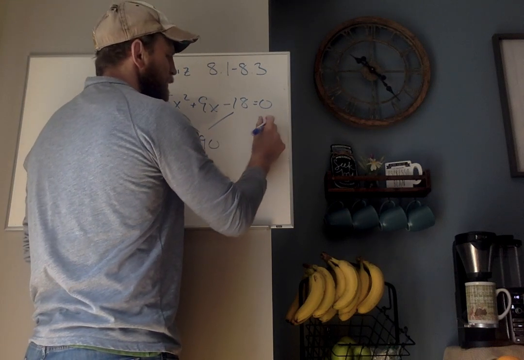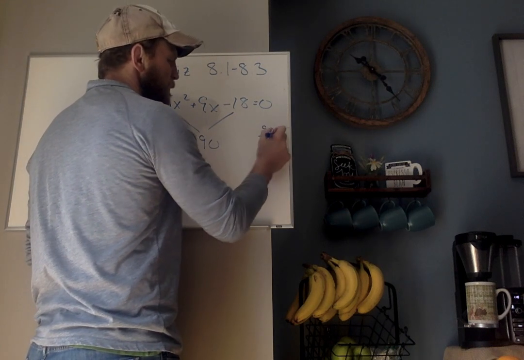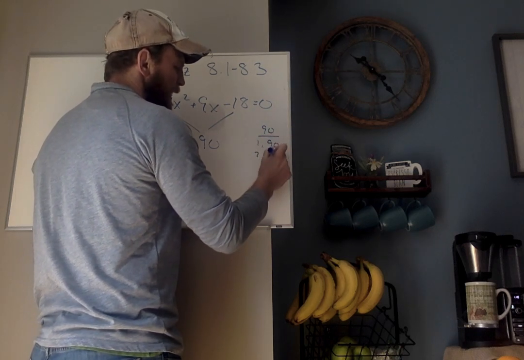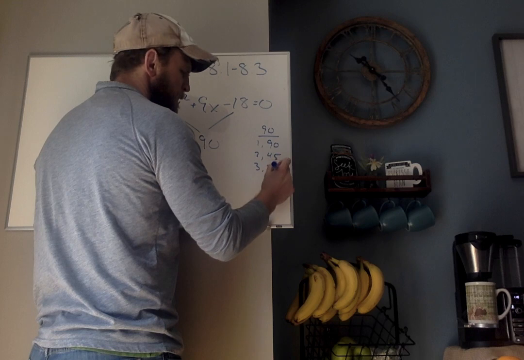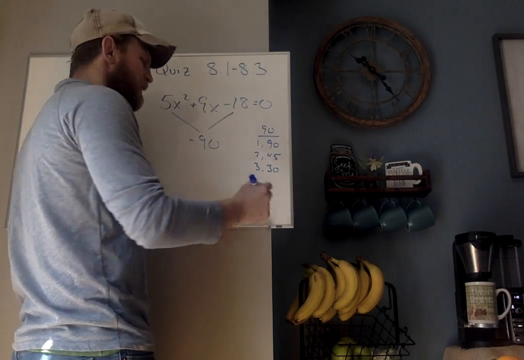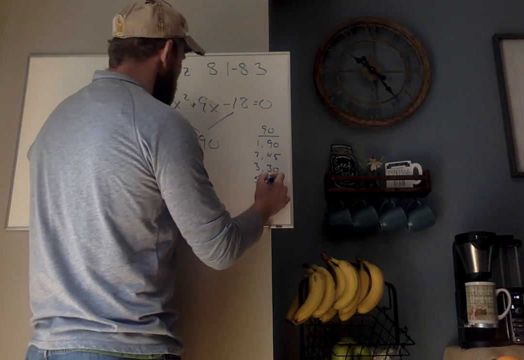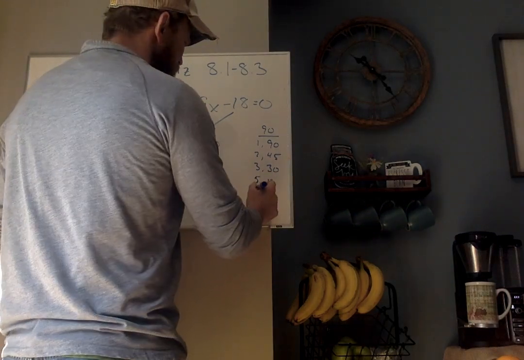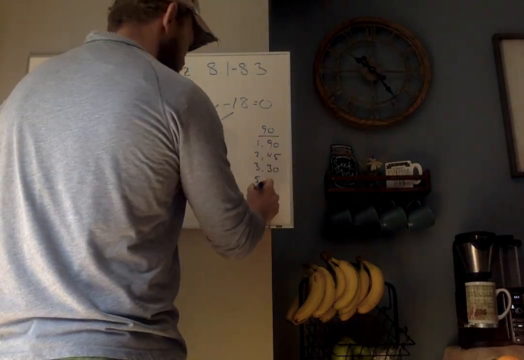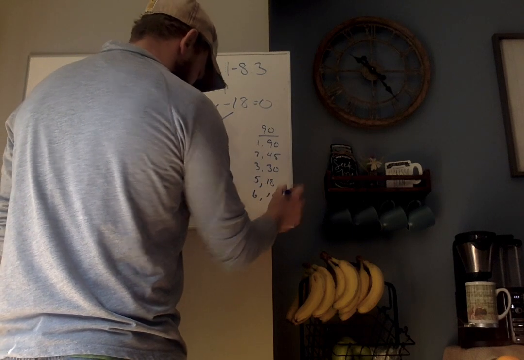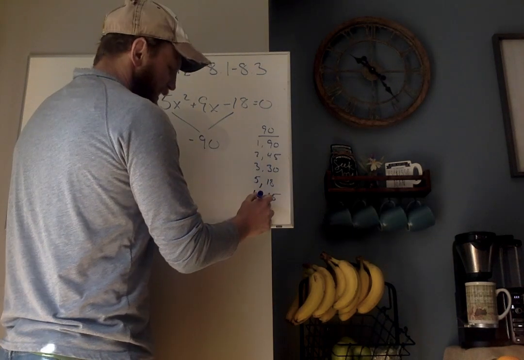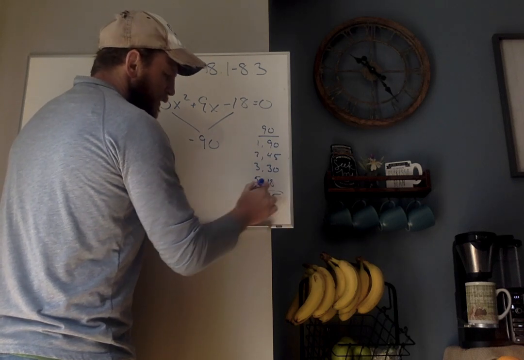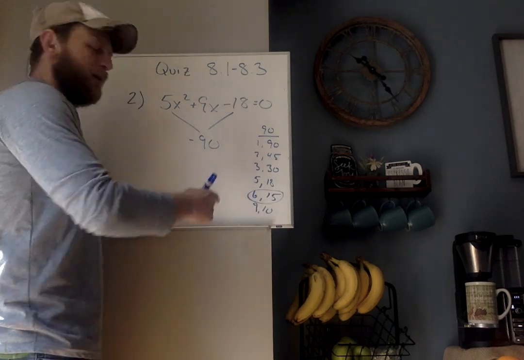I'm going to write 90: 1 and 90, 2 and 45, 3 and 30, 4 does not go in, 5 and 18, 6 and 15, 7 doesn't go in, 8 doesn't go in, 9 and 10. So 6 and 15 is my winner here.